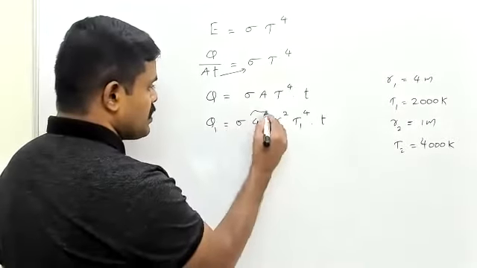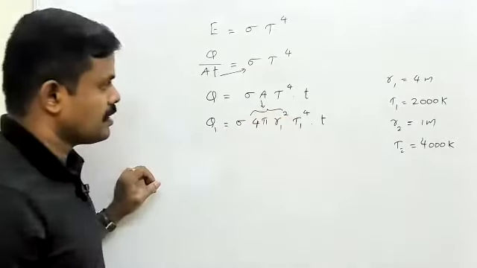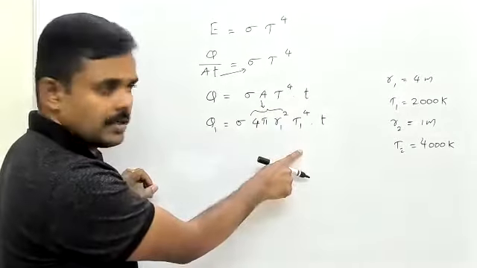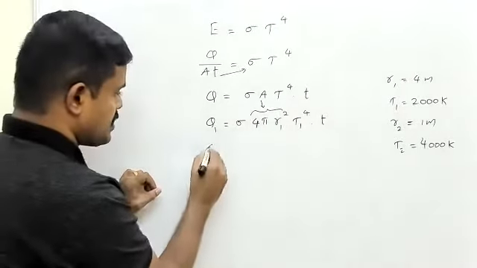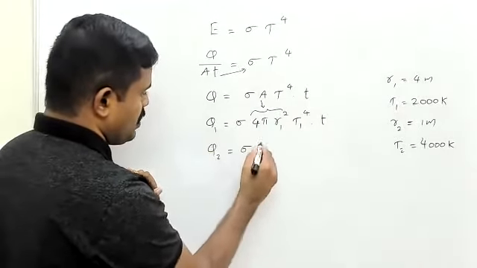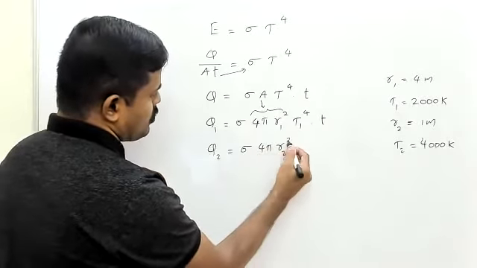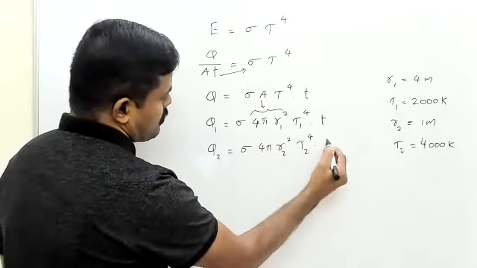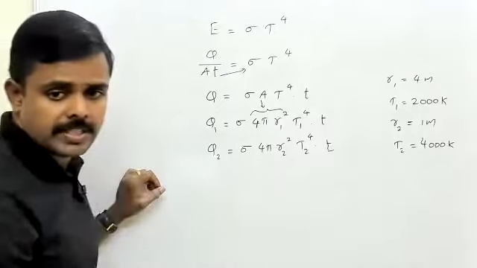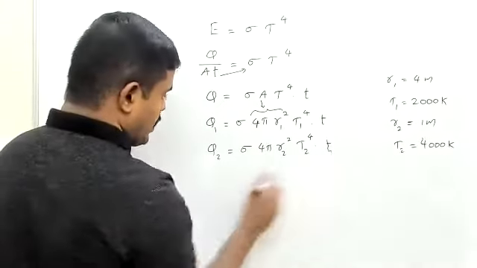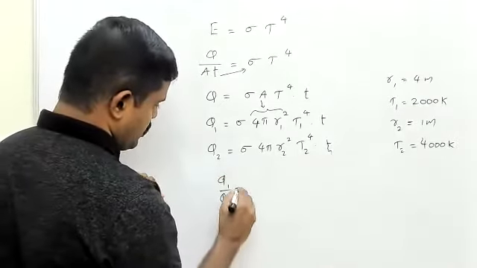Small t is time. For the second case, Q2 is sigma 4 pi R2 square T2 raised to 4 into t. It is the same time. And they're asking you to find the ratio of Q1 to Q2.